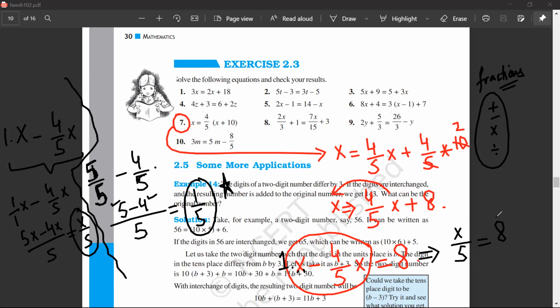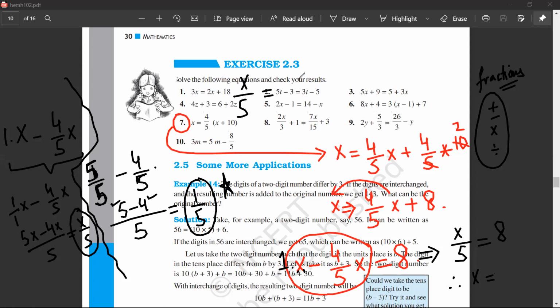Yes, sir. This is a bit difficult question, but we need to do these. So therefore, Mr. Sarthak, x would be equal to 8 divided by 5. Why? Because we'll put 5 on the other side.